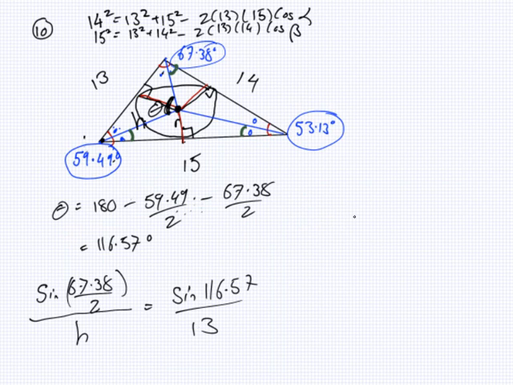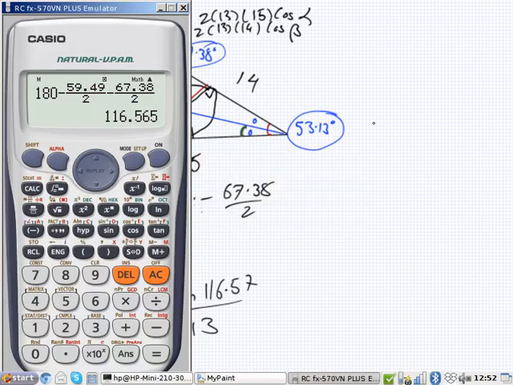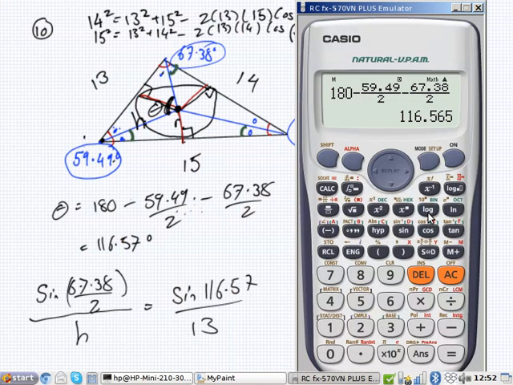Right, let's get the h. Sine 67.38 divided by 2 times 13 divided by sine 116.57. That's 8.06.